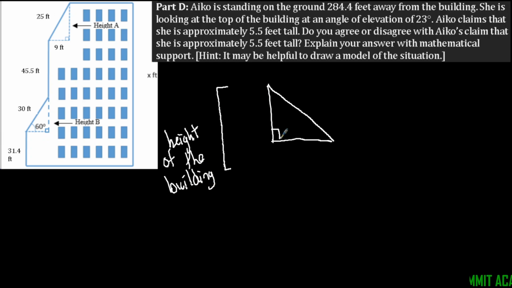And if you notice how that height went a little bit further, because Aiko is standing right here, and we're saying that this right here is 5.5 feet tall. We're saying the angle is 23 degrees inside the triangle.